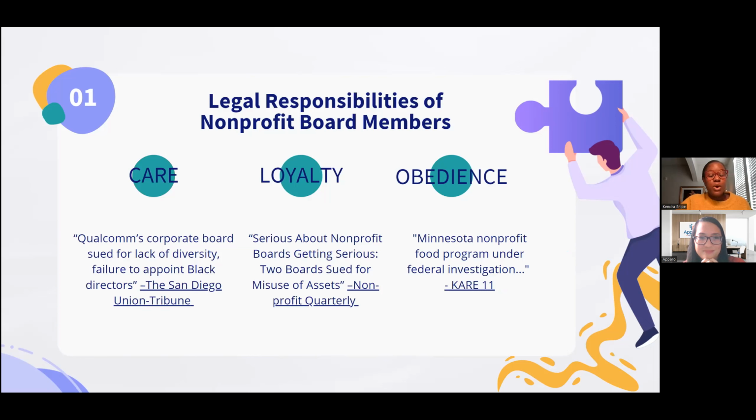Qualcomm's corporate board sued for lack of diversity, failure to appoint Black directors. Serious about nonprofit boards getting serious. 2 boards sued for misuse of assets. Minnesota nonprofit food program under federal investigation. So that's not the type of platform we want.